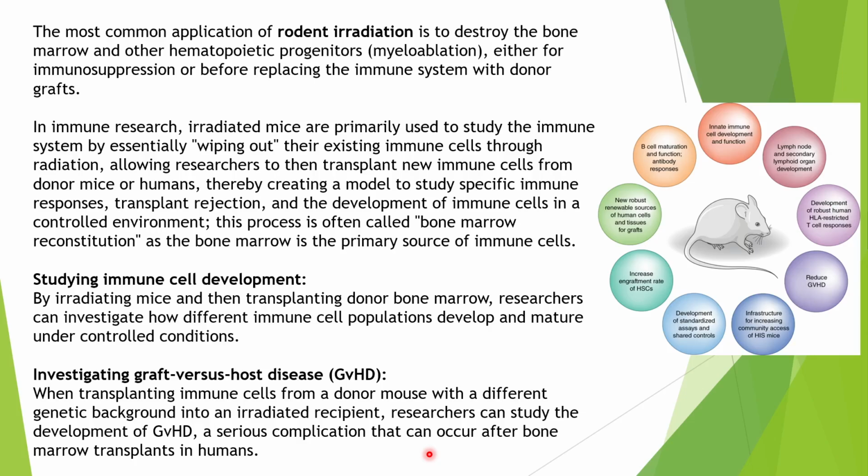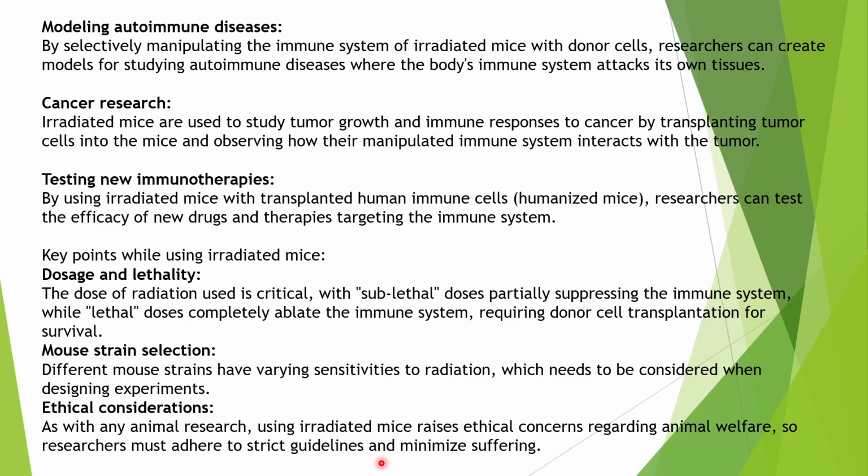So this has to be prevented, because in several transplanted patients, it can even lead to the death of the patient because of graft rejection, because of a highly activated immune system. So these kinds of graft versus host diseases can also be checked by transplanting the immune cells of the donor to the irradiated mice.